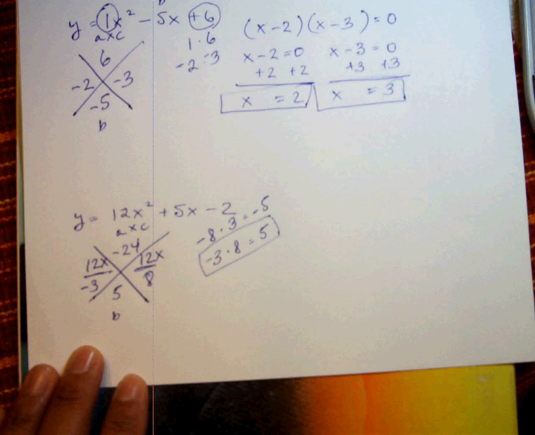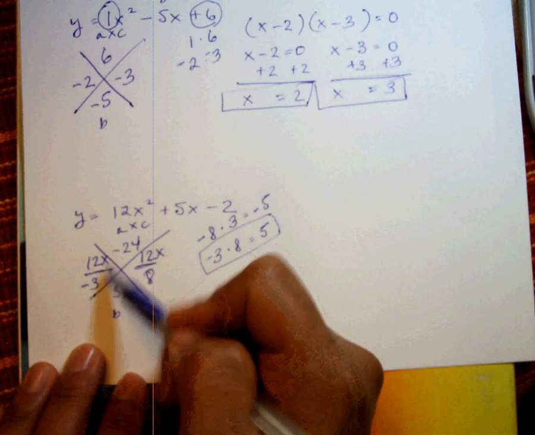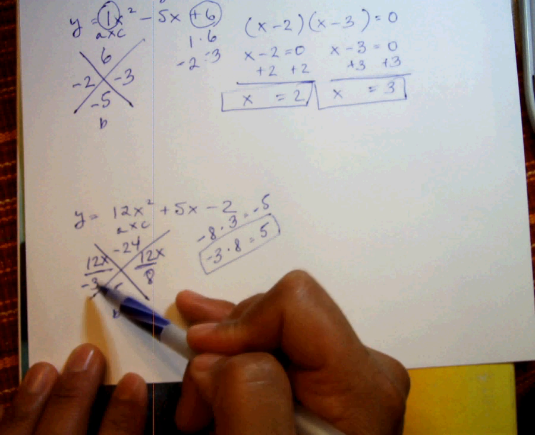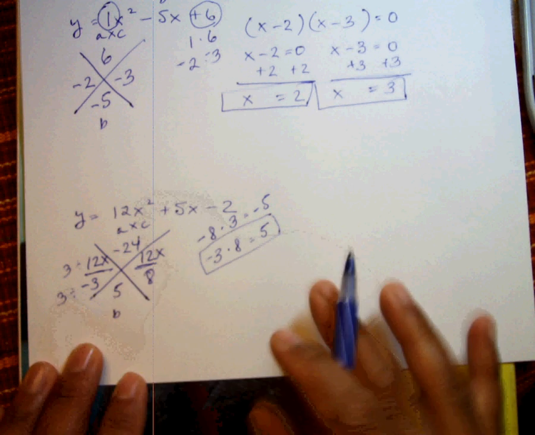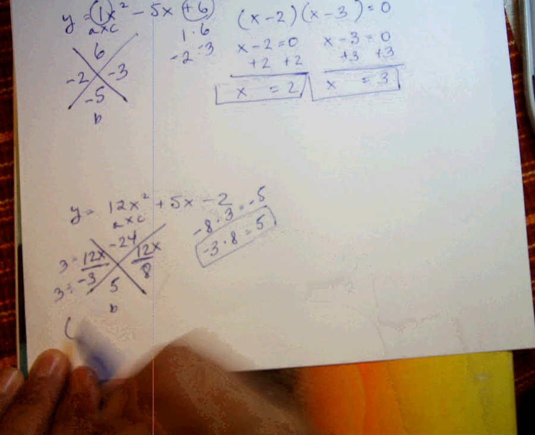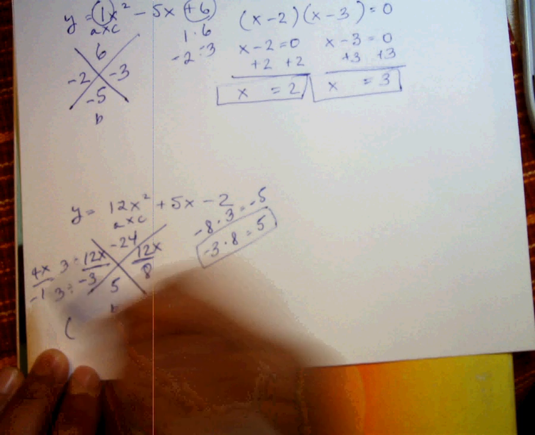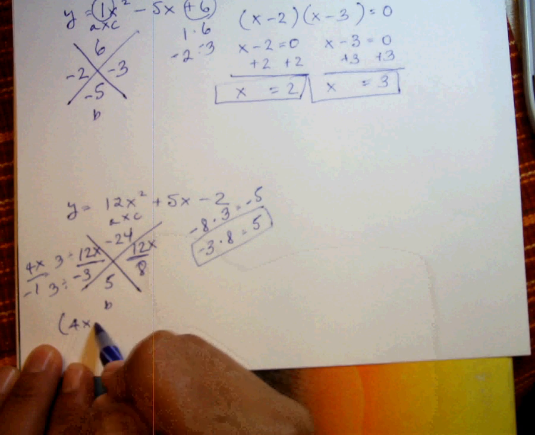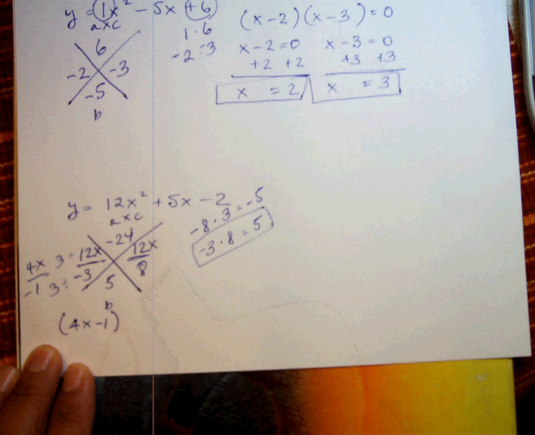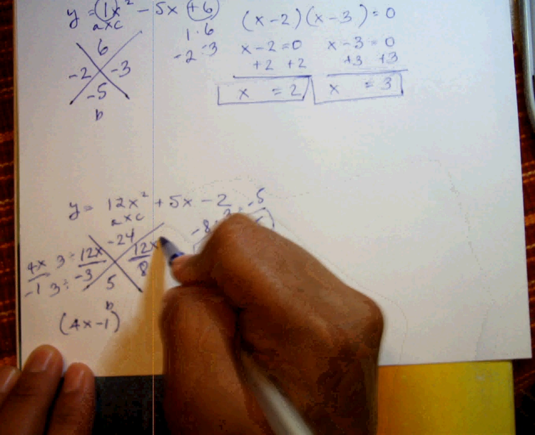And then I just have to simplify each one, or reduce each fraction. 12 and negative 3, I know 3 can go into both. So if I do this, this will be 4x over negative 1, so 4x minus 1. And then here, I know 4 can go into both 12 and 8. So I can divide this by 4.